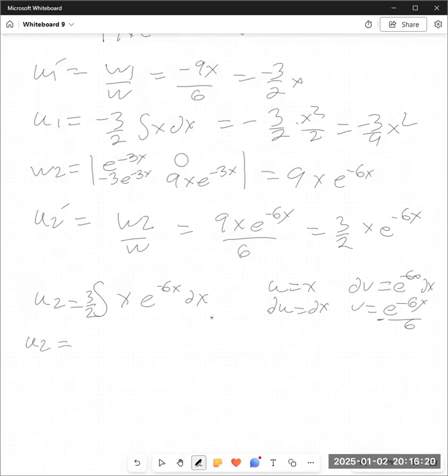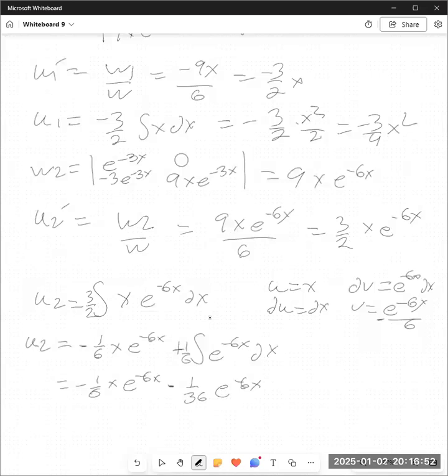So u2 is uv, so -1/6 x e to the -6x minus integral v du. So that's going to be -1/6 x e to the -6x minus 1 over 36, because we divide this by -6, e to the -6x.